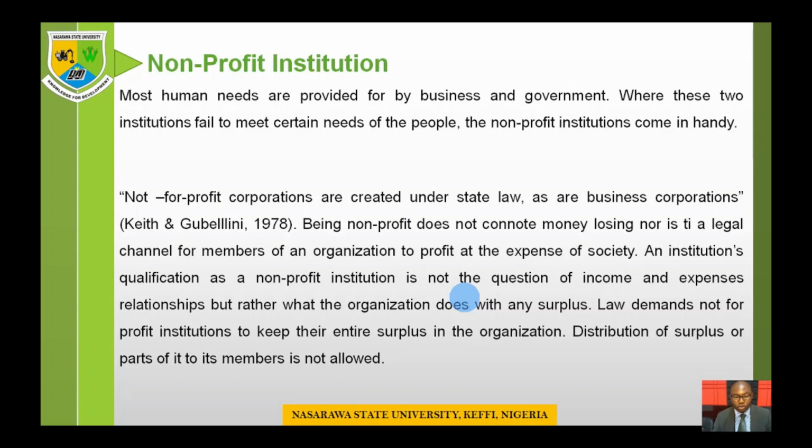Distribution of surplus or part of it to its members is not allowed. If you have a surplus of 1 million, you cannot share 500,000 and come to a level of break even. It's not allowed.